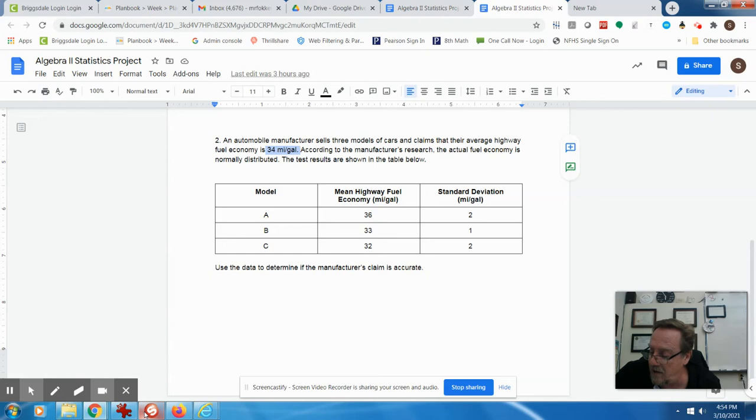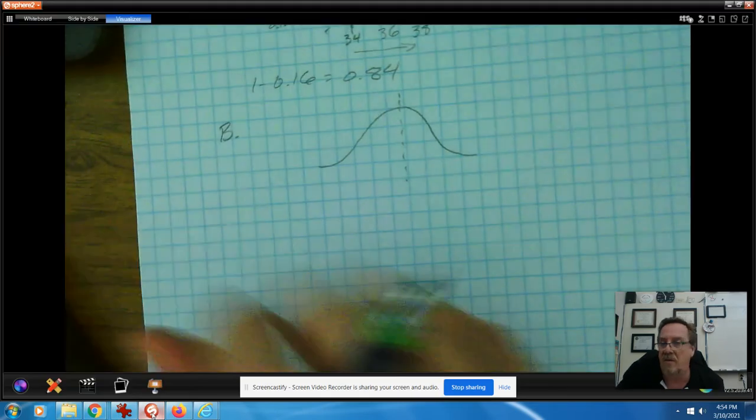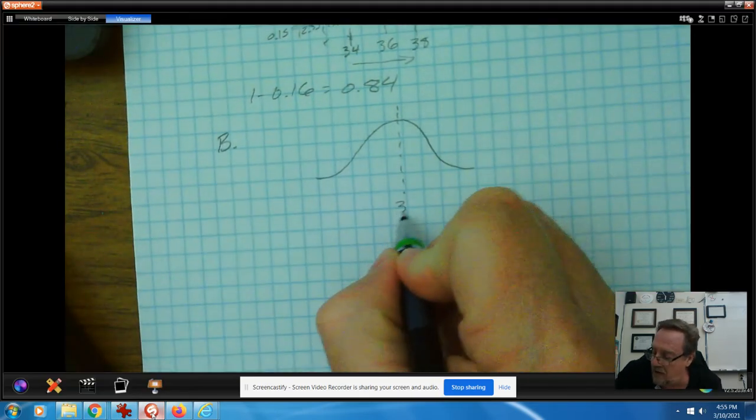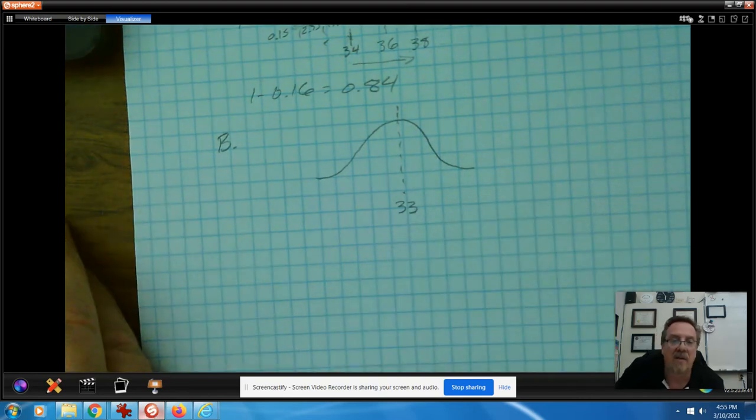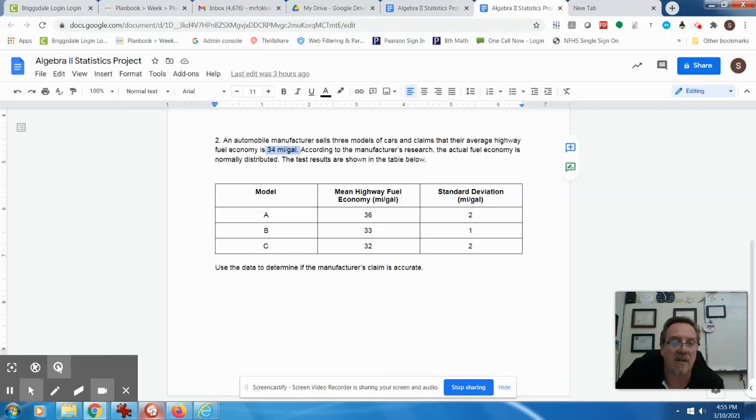So if I make a new normal curve, we get to be artists when we do this, right? So make a new normal curve. That mean here is 33, right? Because that's what the data is telling us. The mean was 33, and the standard deviation was 1.